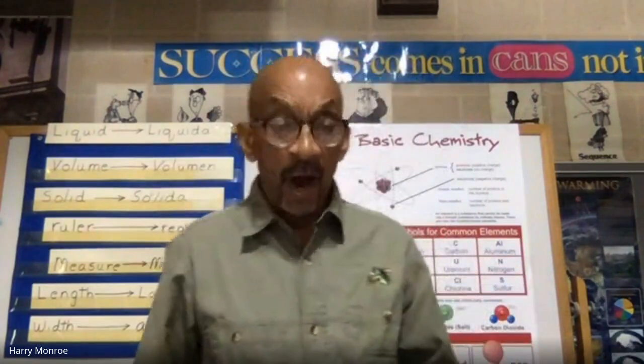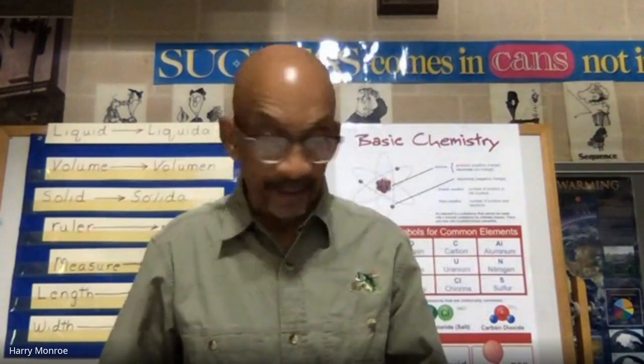So hopefully what I have helped you with right now is to be able to determine whether a solution is a liquid or a solid. Remember, liquids are running. Their particles are very loose, so they do not have a shape of their own. They take whatever shape the container they're in has.